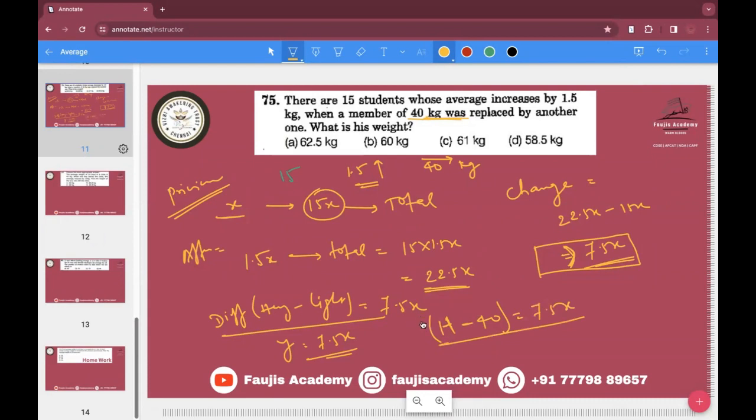Now we are left with two equations over here. If 15x is the total and we add this difference plus H minus 40, will this value and this value be equal?